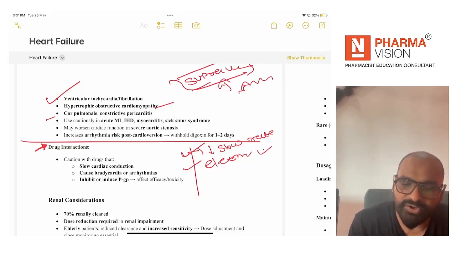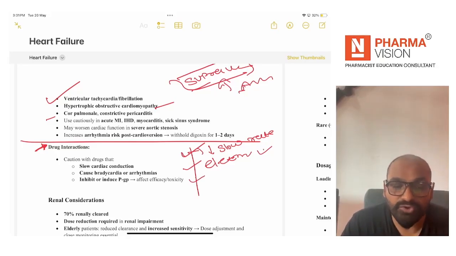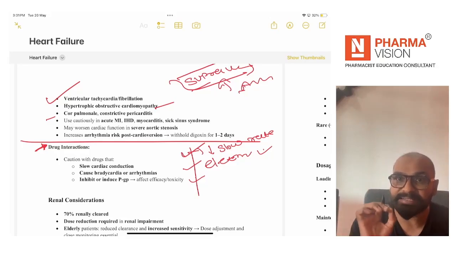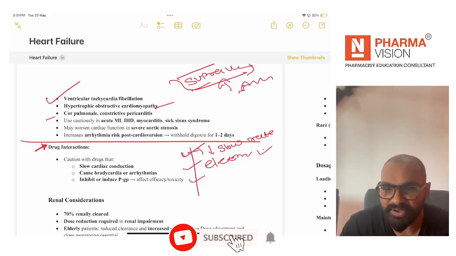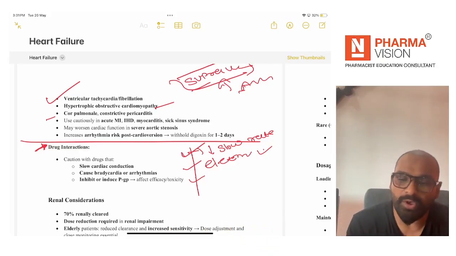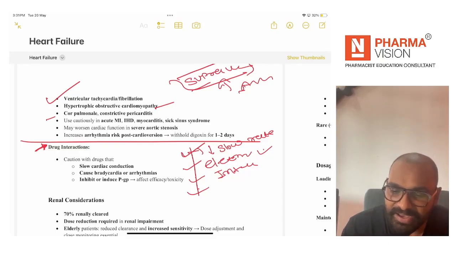Another drug interaction: the majority of digoxin, 70%, is excreted unchanged. So renal functionality and renal filtration change also cause drug interaction with digoxin. Another important point is certain cardiovascular medications like amiodarone.